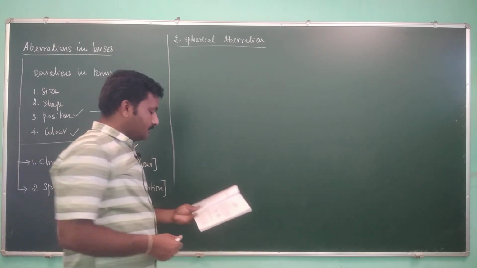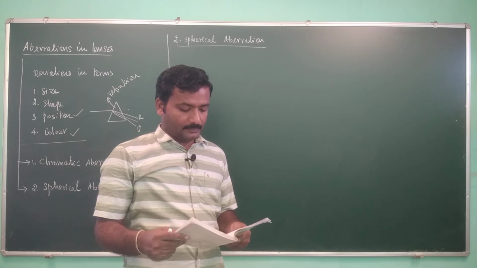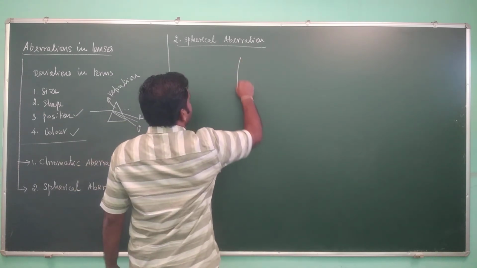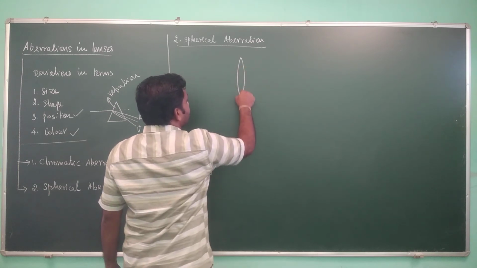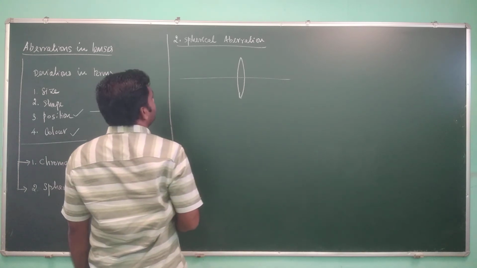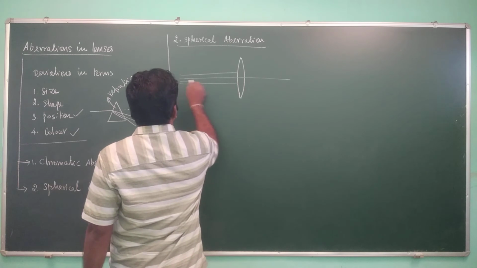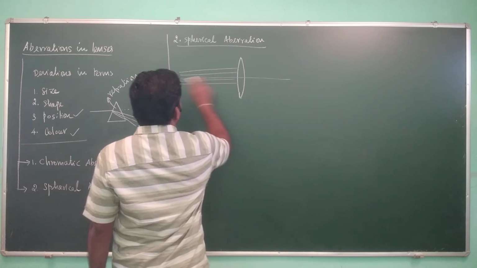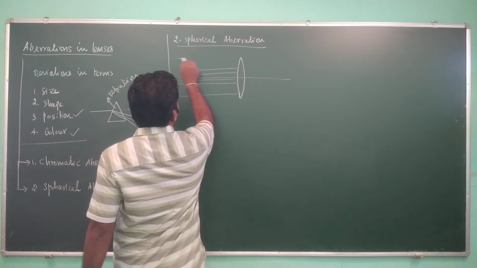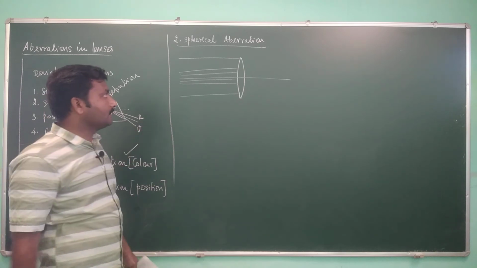Here, aberration is due to the large aperture of lenses, right? That is, let's consider there is a lens and this is the axis of the lens, the principal axis. There are light rays which are traveling closer to the principal axis, and there are light rays which are closer to the margin of the boundary of the lens.